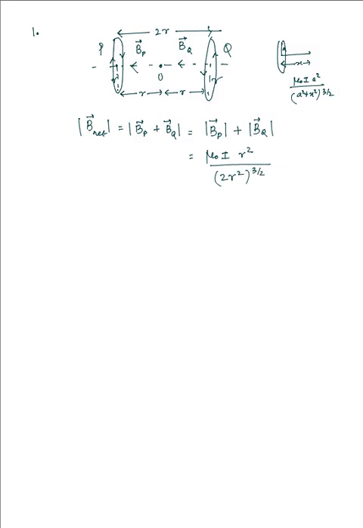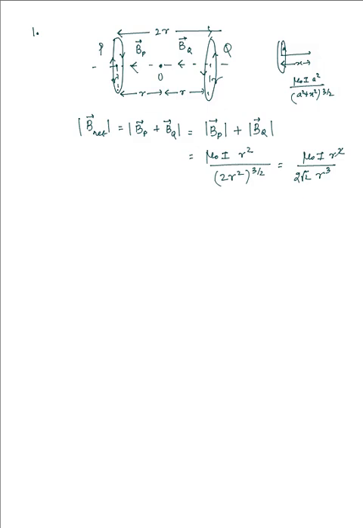And as we know, 3 over 2 is just 1.5. So this is 2 times root 2, and this one is going to be r cube. And mu naught I, there's an r squared at the top.